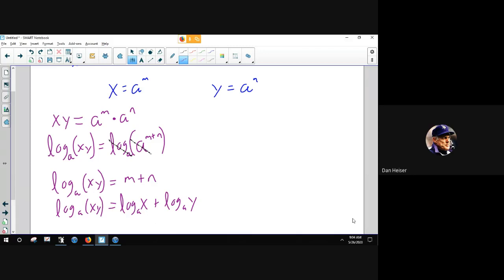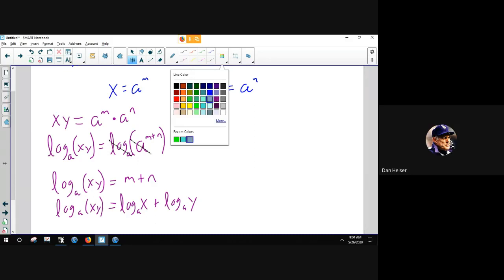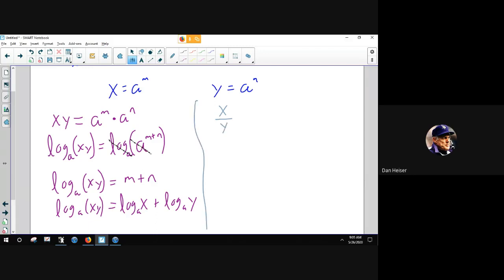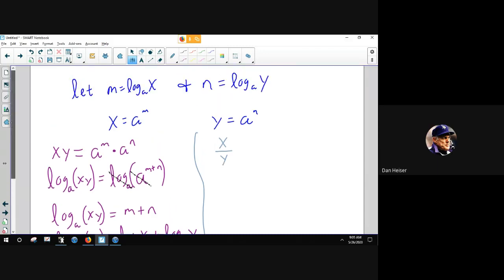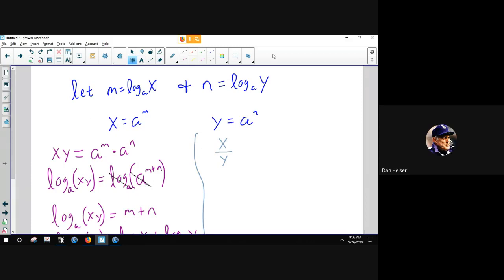Here's the next one. I'll use a different color. We're going to take X over Y. See if we can make that other one appear. So I'm starting with the same setup here. I've got M and N. We turned those into exponentials.